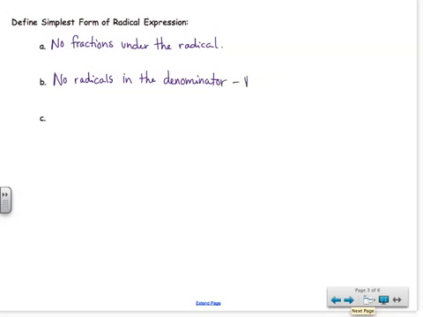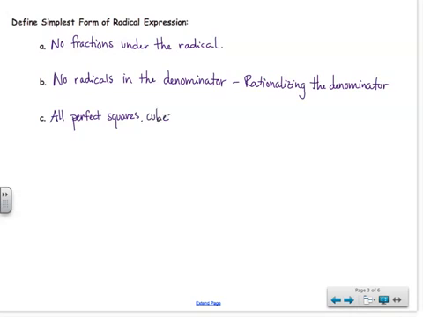We often refer to this as rationalizing the denominator. And all perfect squares, cubes, whatever root you're taking, factors are taken out of the radical.